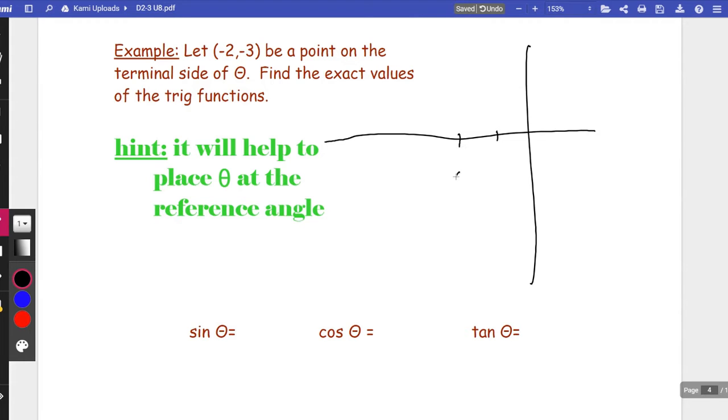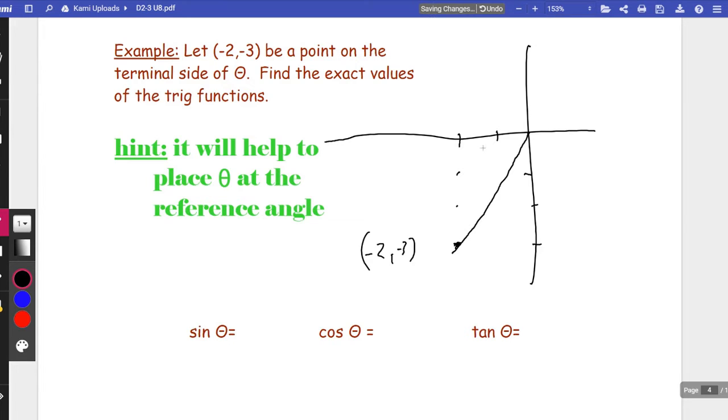Left 2, down 3. Okay, so that's where my point would be. -2, -3. And to get there, that's where the point is, we would be drawing that line.